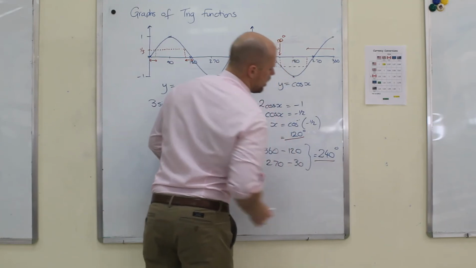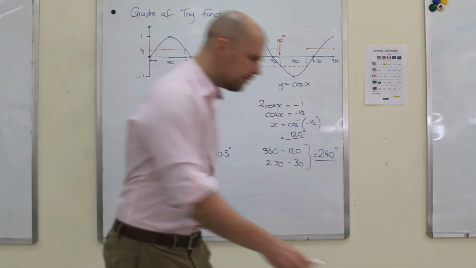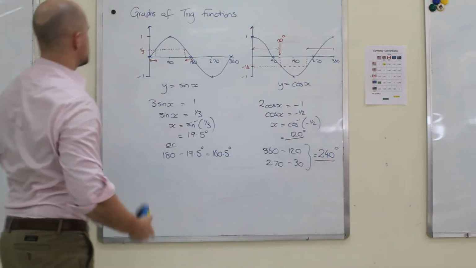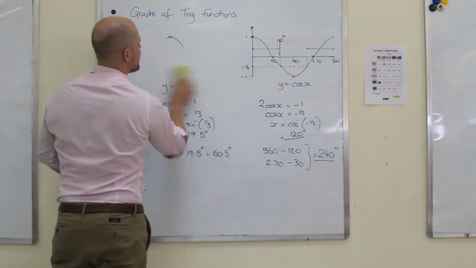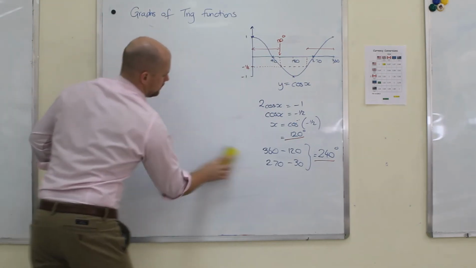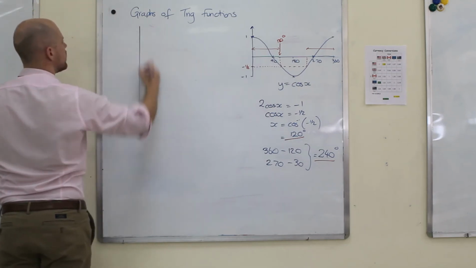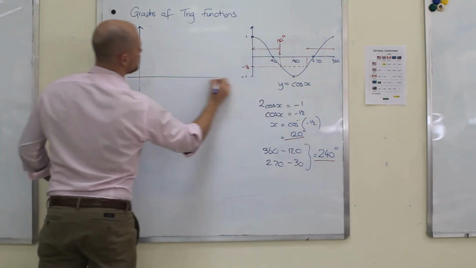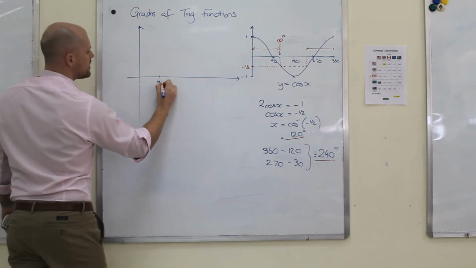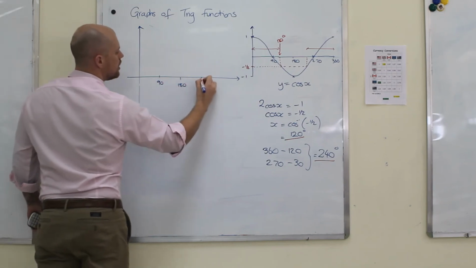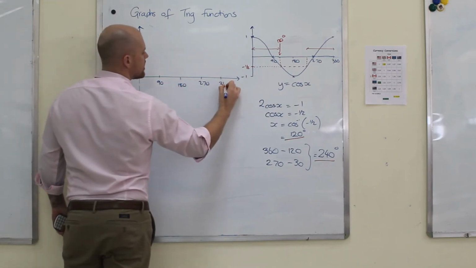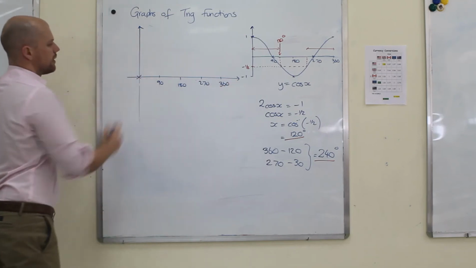You have two answers. Now, very quickly, I'm just going to draw the graph of tan. So, tan x looks like this. And there's 90, 180, 270, and 360. Tan starts at 0 again.